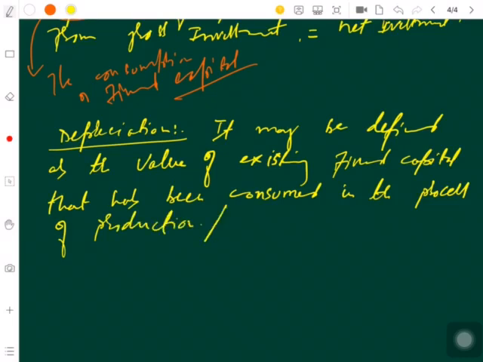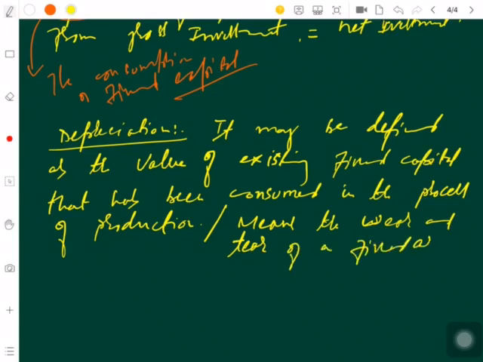Or you can define it also as: depreciation means the wear and tear of a fixed asset during the production process.